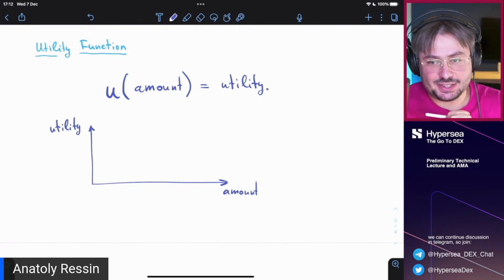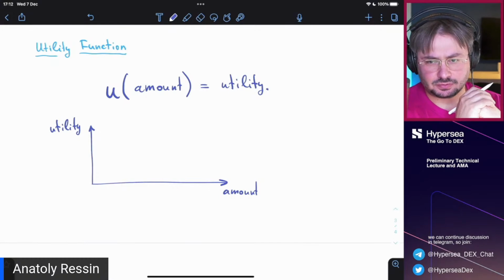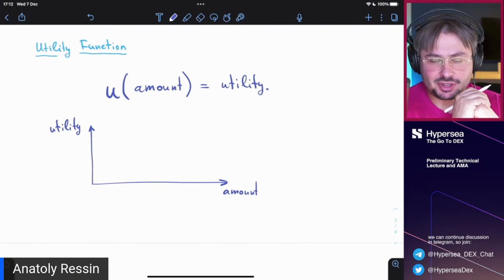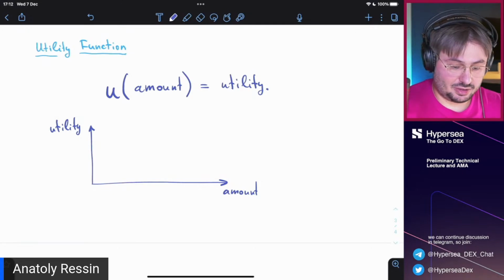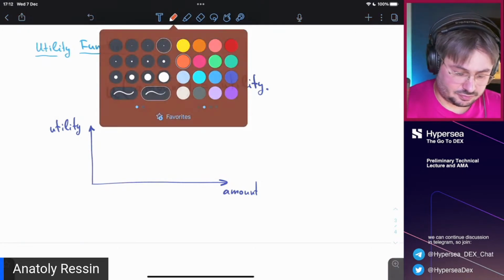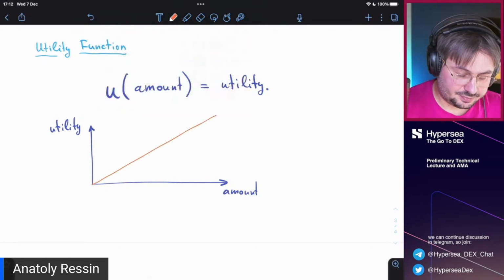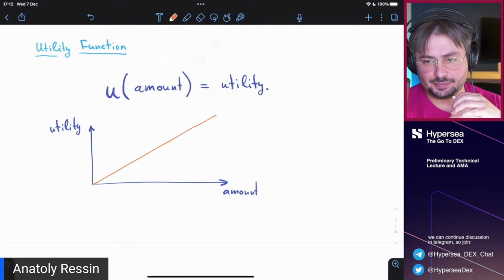Then in case of a single asset, if we're just measuring the single asset, the utility of a single asset is described by a simple straight line.